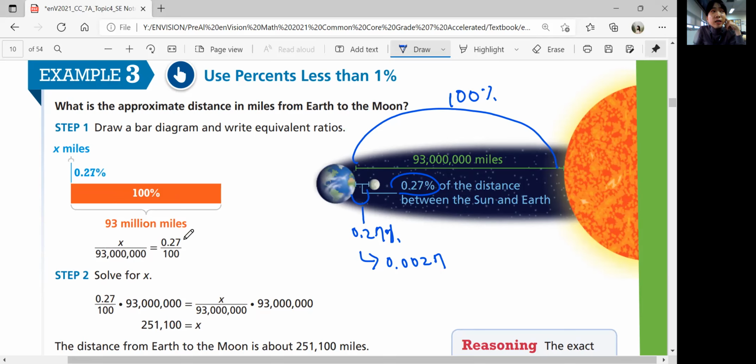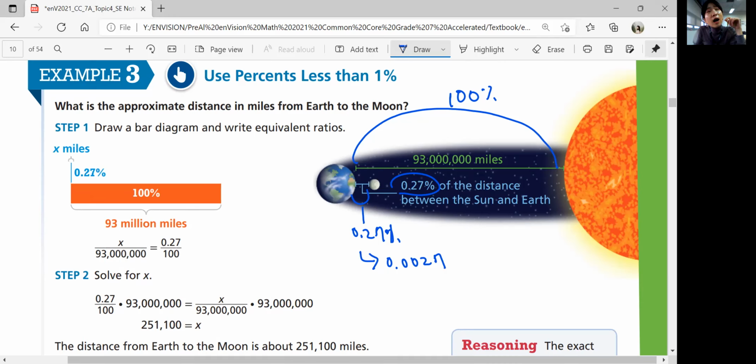This is a percent proportion, that is a miles proportion. Then you solve for x, multiply both sides by 93 million miles, and do the math. Your distance from Earth to the moon is 251,100 miles. That's still a big number, but compared to the distance to the sun, it's very small.